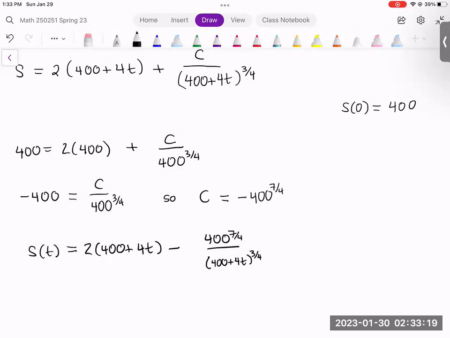Or if we wish to, we can say this is approximately equal to 2 times (400 plus 4t) minus 35,780 over (400 plus 4t) to the 3/4.